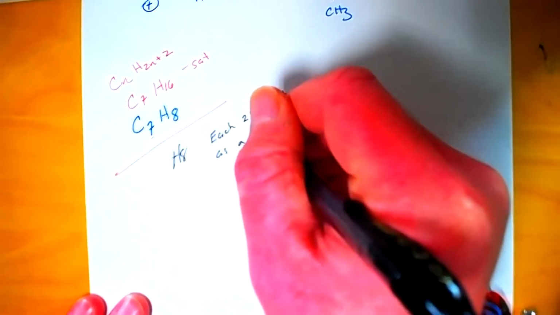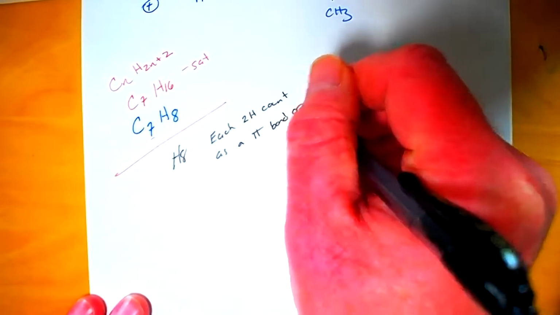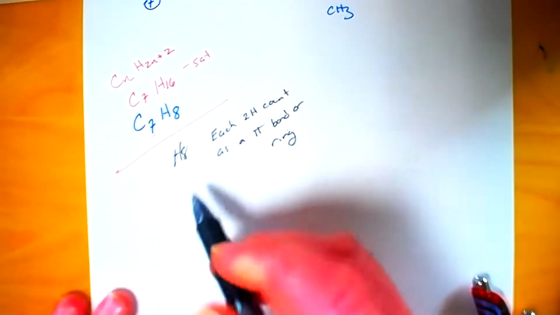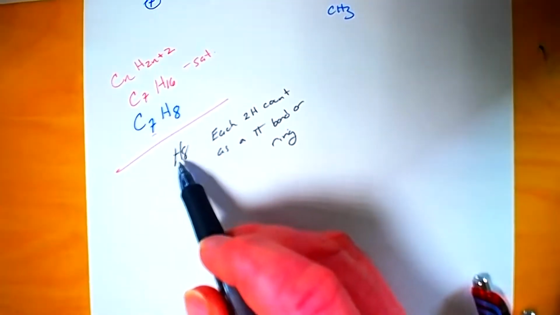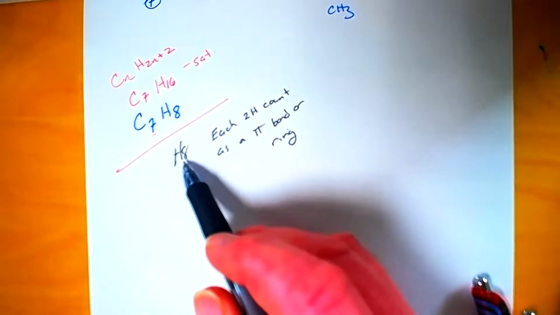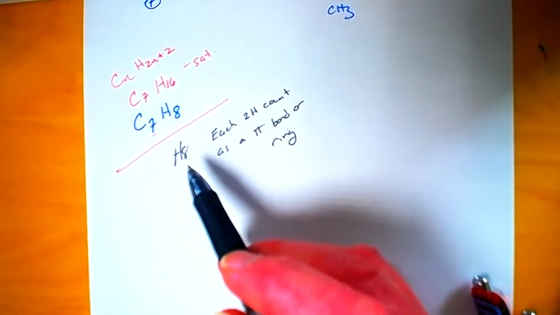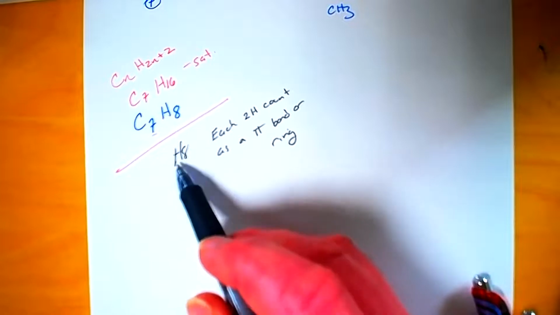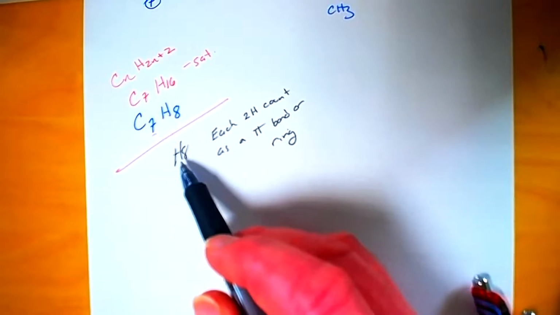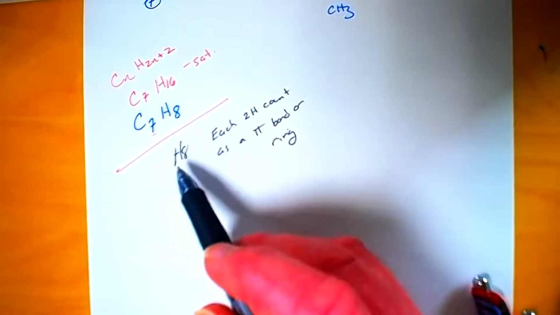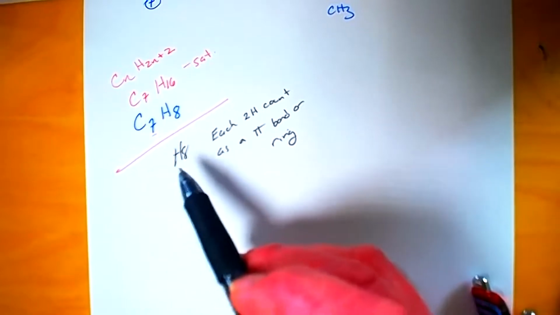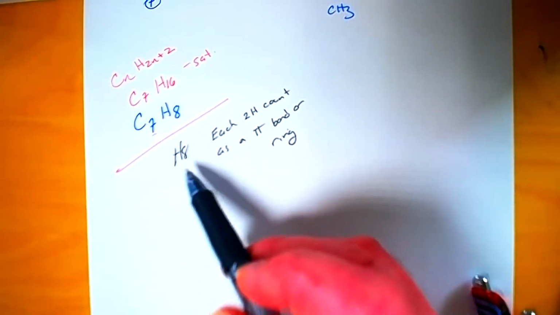So each 2 hydrogens count as either a pi bond or a ring in the system. So this is telling me that I have either 4 rings together, I have 3 double bonds and a ring, I have a triple bond, 2 rings, etc. Okay, so it's a way of kind of keeping check of what you're doing.